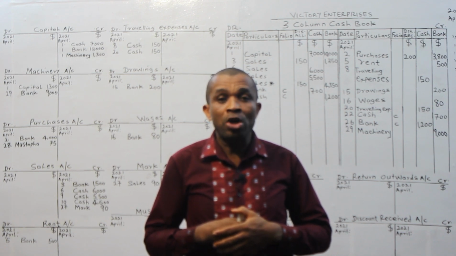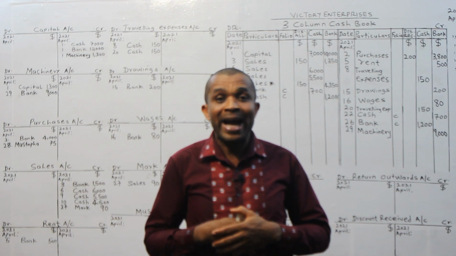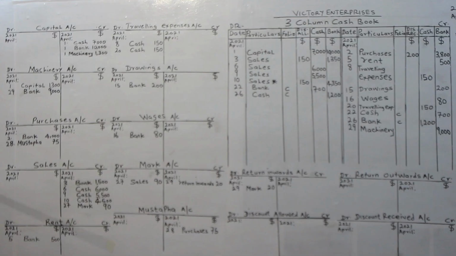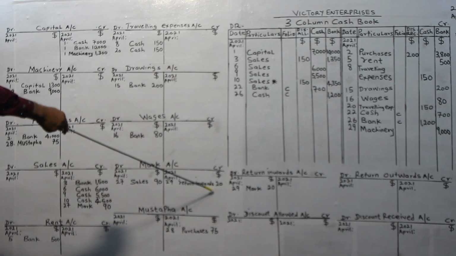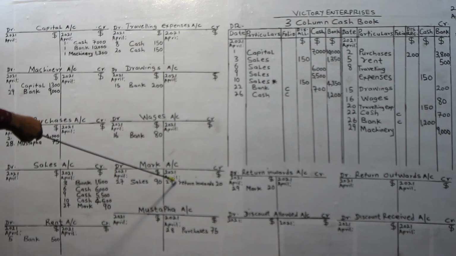Therefore, our returns inwards account will be debited with the amount of goods returned by Mark, while Mark's account will be credited for giving out part of the goods previously purchased. So we credit Mark's account with $20 goods returned on April 29th, 2021.